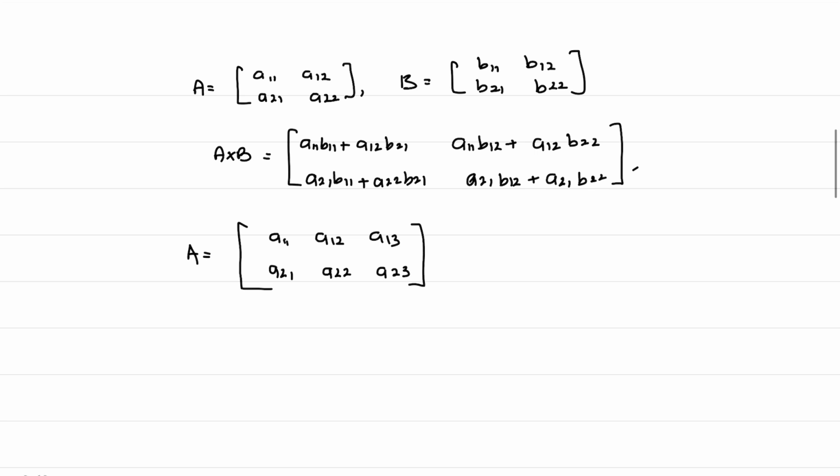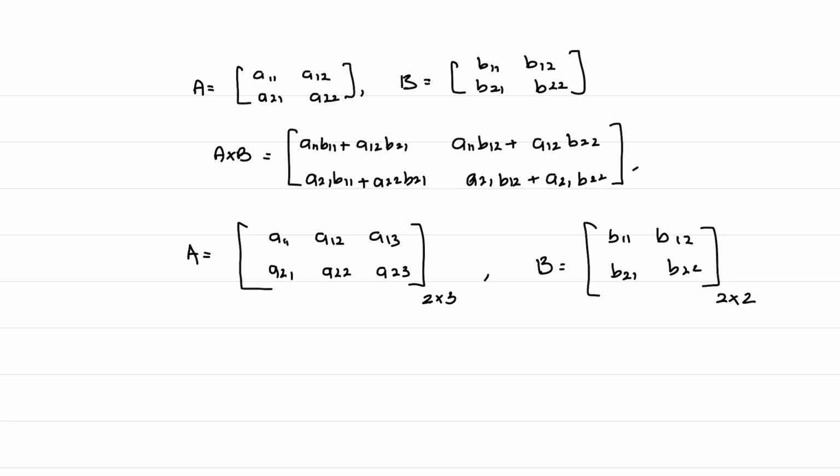It's a rectangular matrix. It's 2 rows and 3 columns. B is equal to B11, B12, B21, B22. Let us say it is 2 by 2, 2 rows and 2 columns.